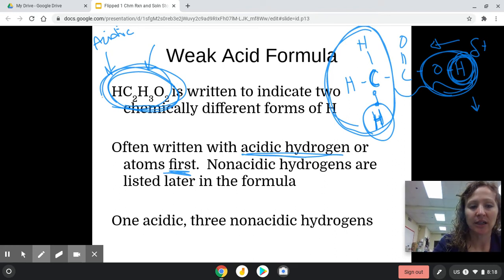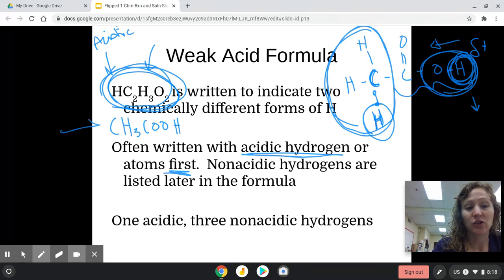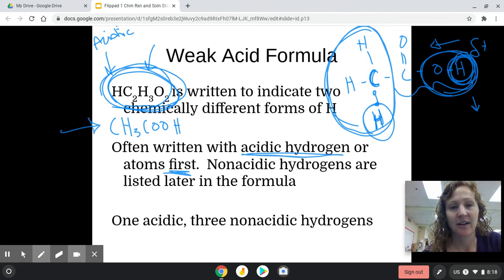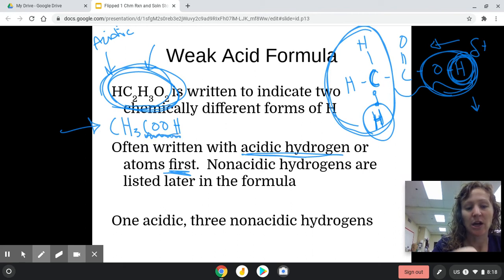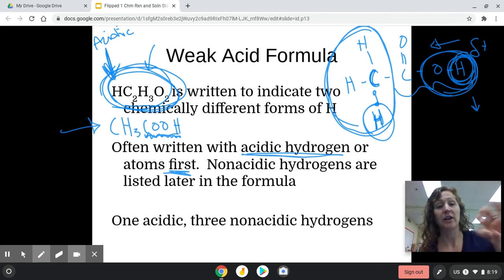If you're an organic chemist, you'll write it like this: CH3COOH. So organic chemists care about structure, and when you write it like that, you are indicating the structure of the functional group. Whereas we as inorganic chemists don't really care about the structure. What we care about is the behavior. And so we care that it behaves like an acid, and so we write it like this top form with the acidic hydrogen very clearly written off to the side.